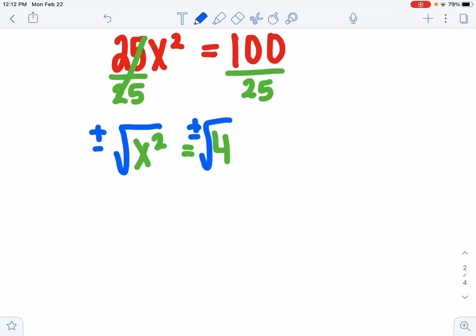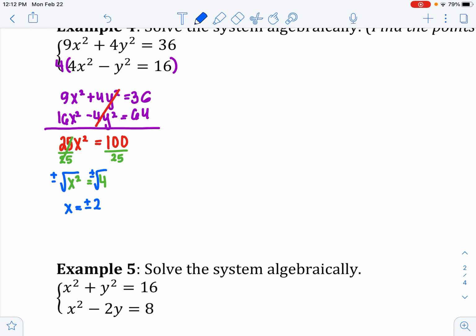I have x squared is equal to 4, and now I can square root to solve. Remember, whenever you square root to solve, you have to account for the positive and negative values that make the equation true. So I get x equals plus or minus 2. So I get two x values: x equals 2, x equals negative 2. And I have to get the y values for each one.